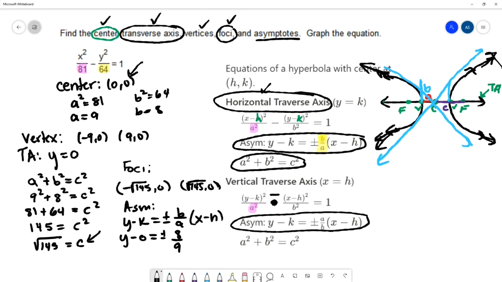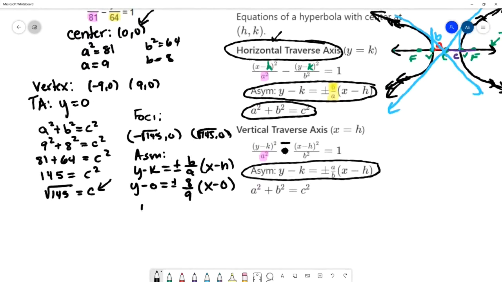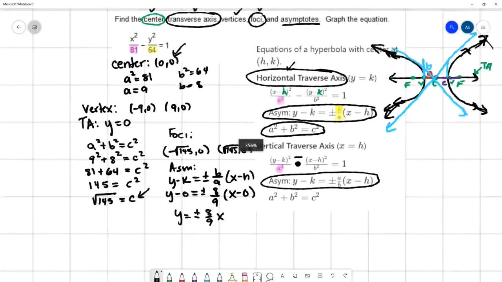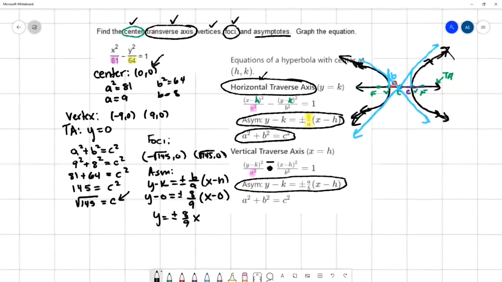So we have plus and minus 8 over 9, and x minus 0. So simplifying that, we get that our asymptotes are y equals plus and minus 8/9 x. So let me just zoom out a little bit so you can see everything that we worked on there.